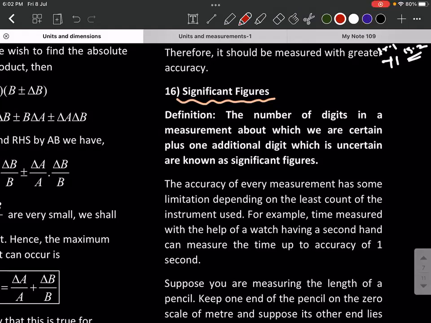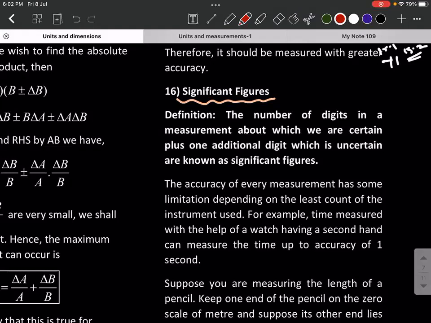We are sure, right? About which we are certain, plus one additional digit which is uncertain, are known as significant figures.